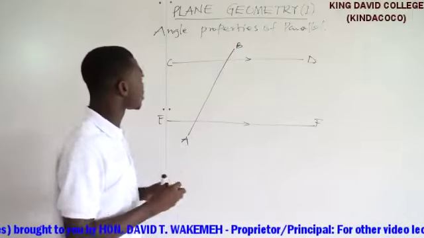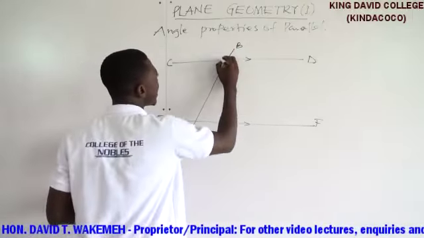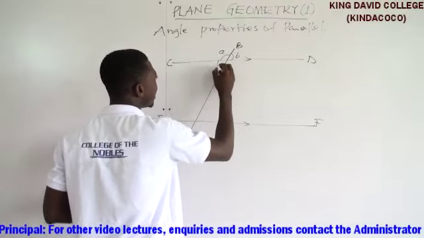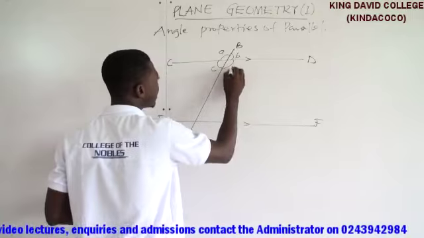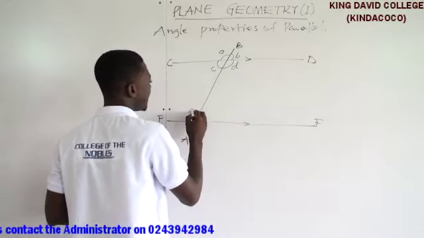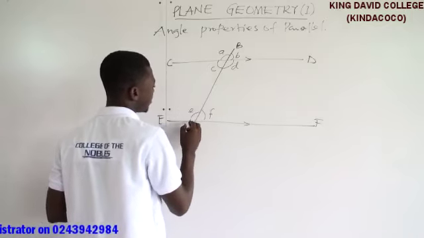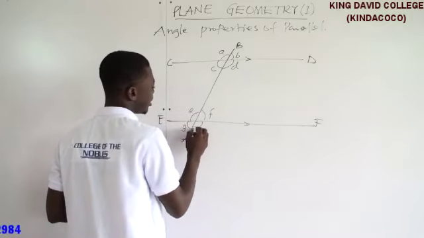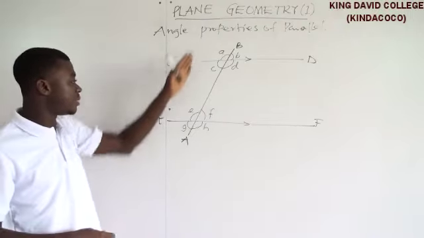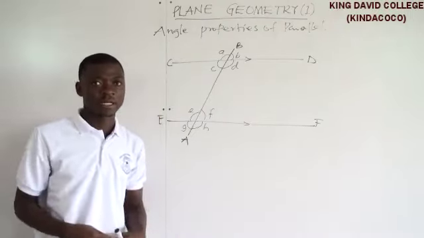Now, supposing this line AB forms an angle here called A, and this here is B, that is C, and this here is D. Clear here to E, F, G, and then H. So this is the angle formed by line AB on these two parallel lines.